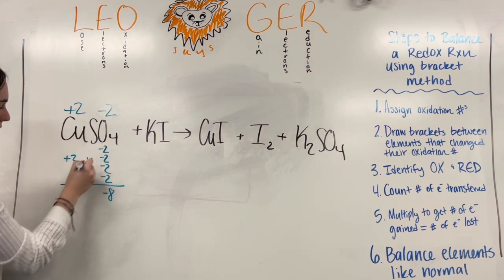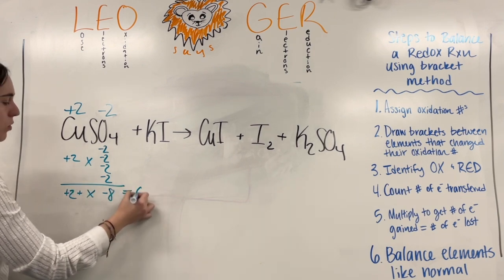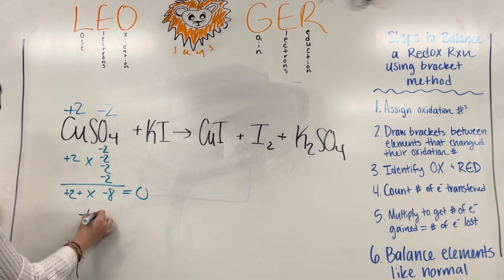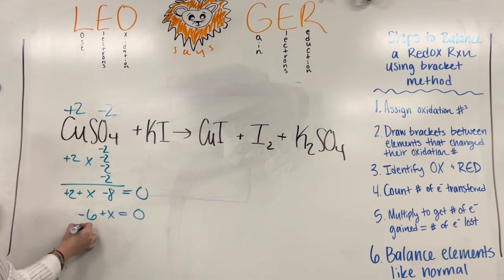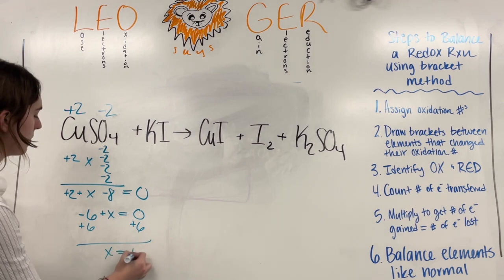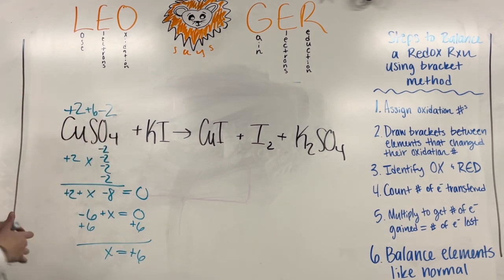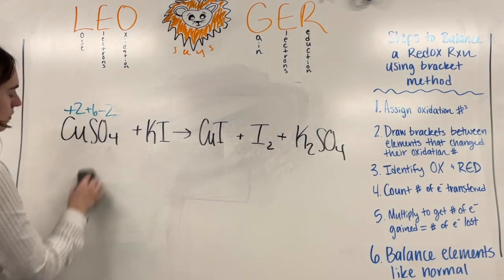And we don't know what sulfur is, so that's X. We know that total they have to add up to 0. So 2 minus 8 is -6. And we still have X there, and if we add 6 on both sides, we'll get X must be +6. So it looks like sulfur is +6. So that was a trickier one. You had to solve for the sulfur there.